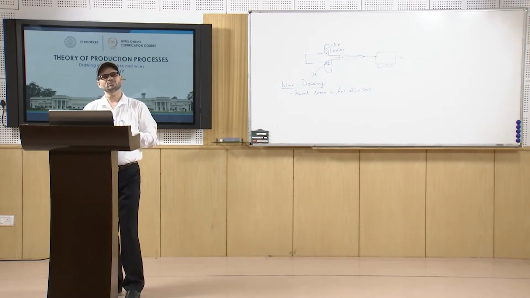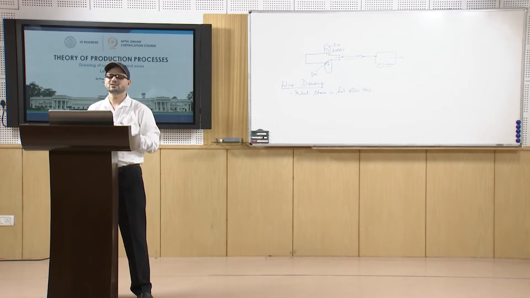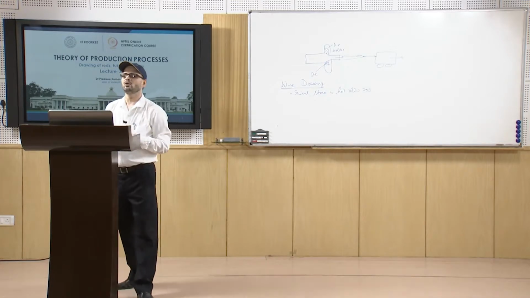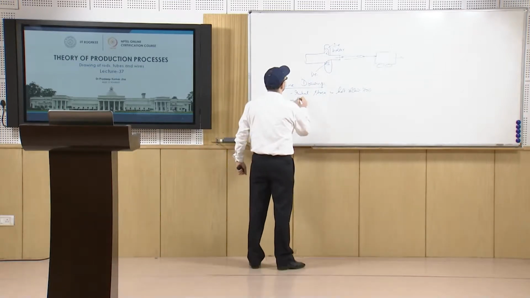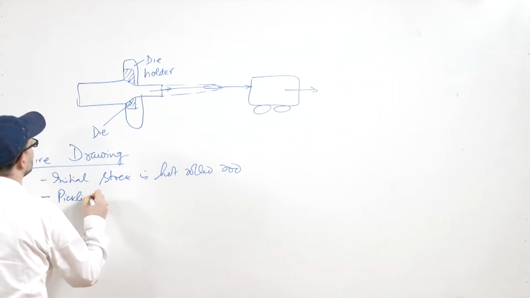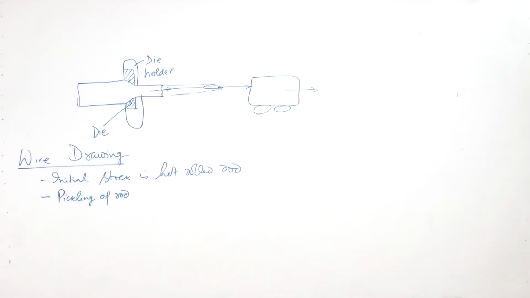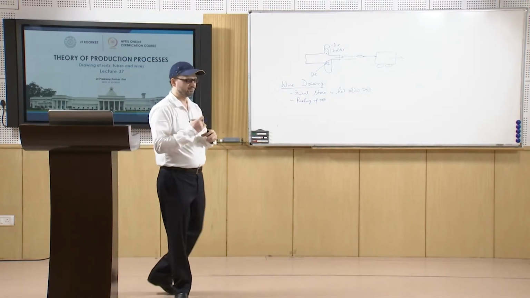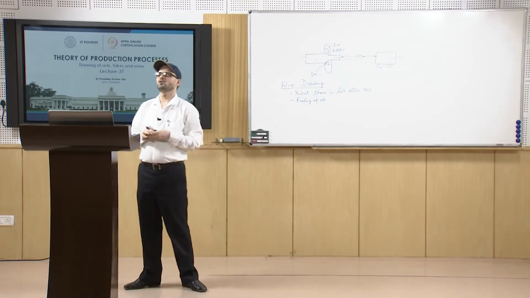For that you do the pickling operation, by which you remove any kind of dirt or scale. So, pickling of the rod is done so that it does not create an impression on the final product or interfere with the drawing operation.